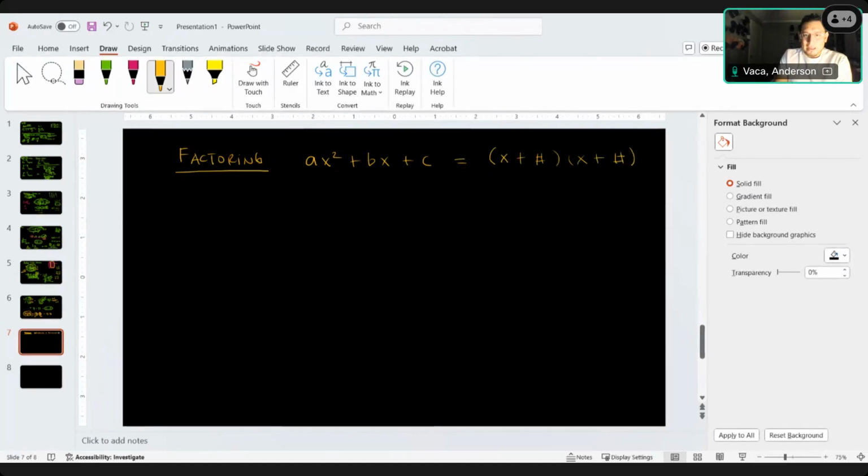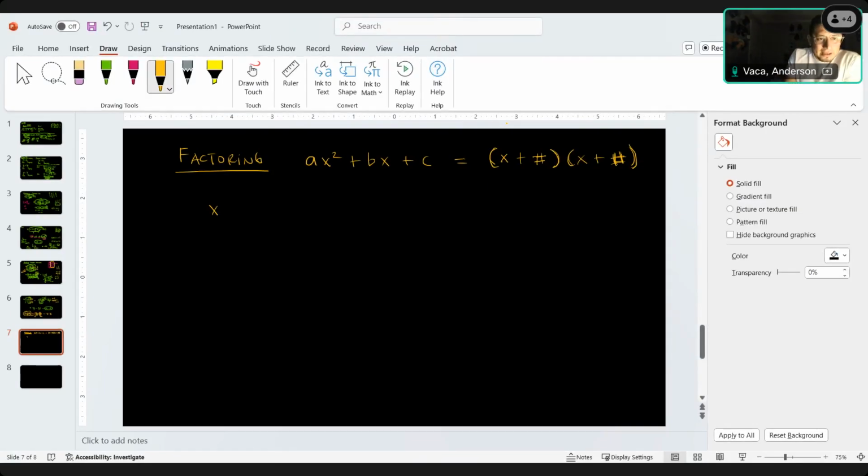I didn't want to use A and B because I don't want you to think that they're the same numbers as here. So we're taking something that looks very much like a sum of terms, and we are writing a multiplication of things. Okay. So let me start simple.